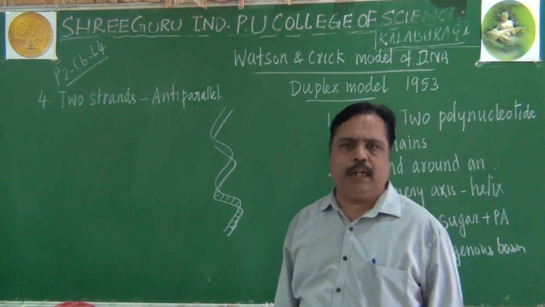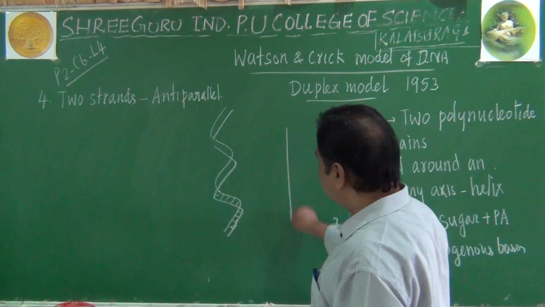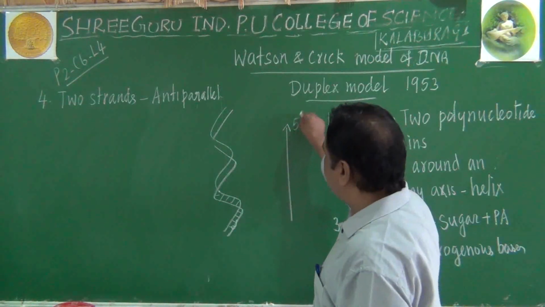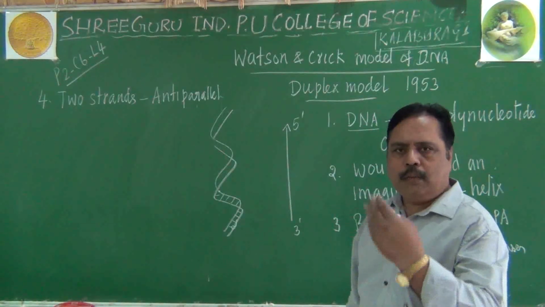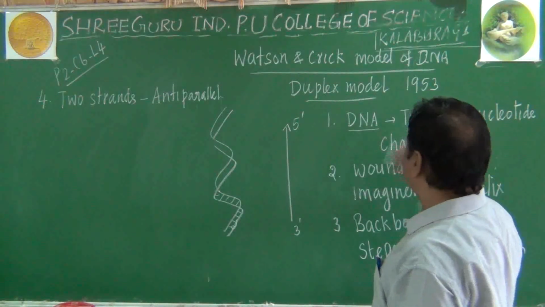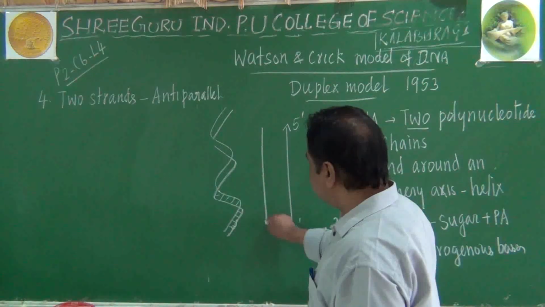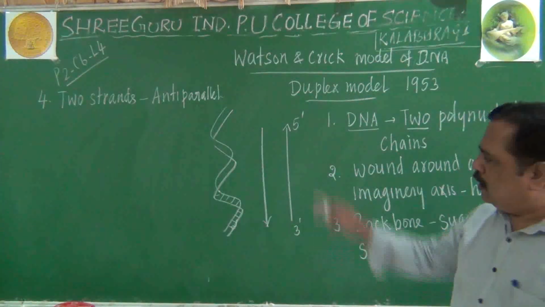What is meant by anti-parallelity? Imagine now, if one of the chains is facing upwardly, where the 5' end will be here, the 3' end will be here. The opposite chain, already I told you it is made up of two chains, will be facing downwardly according to Watson and Crick.